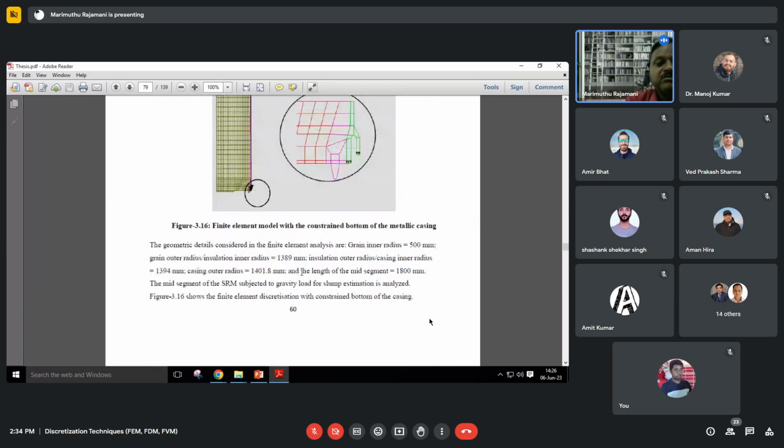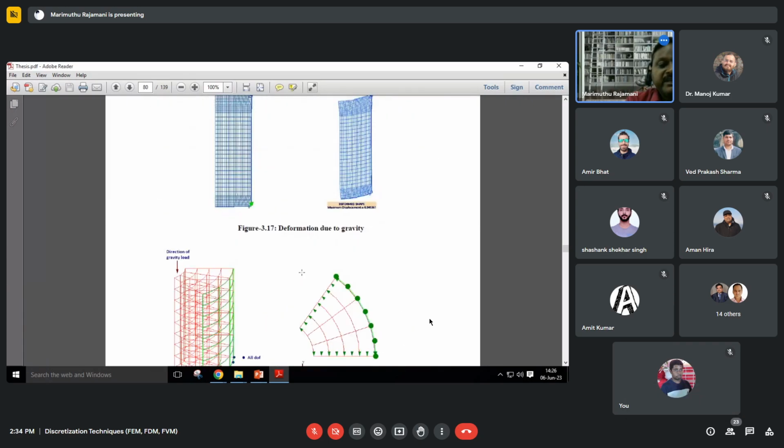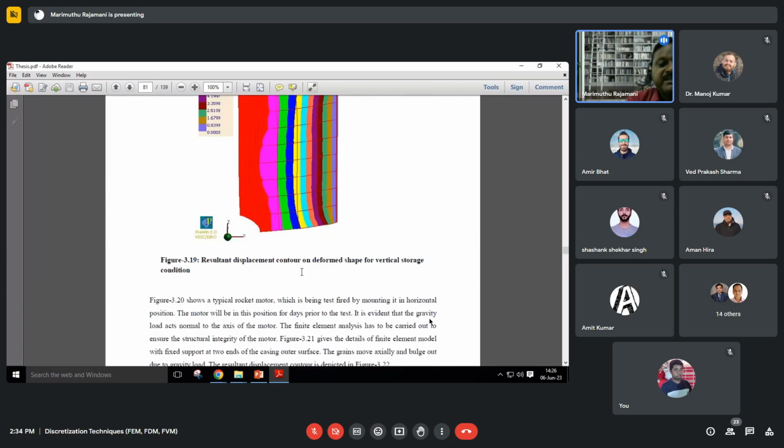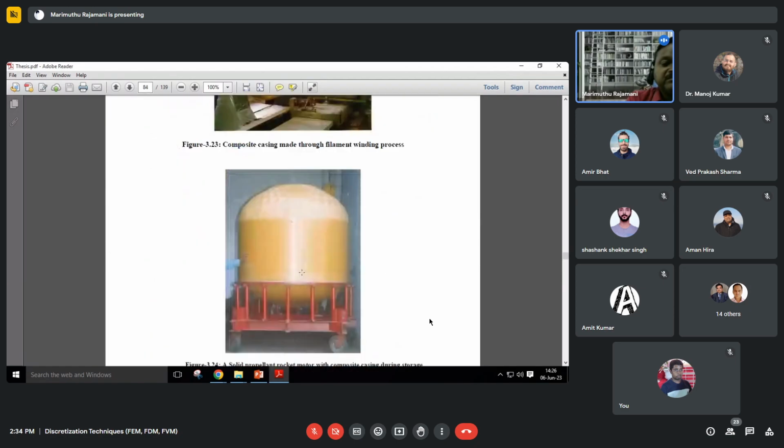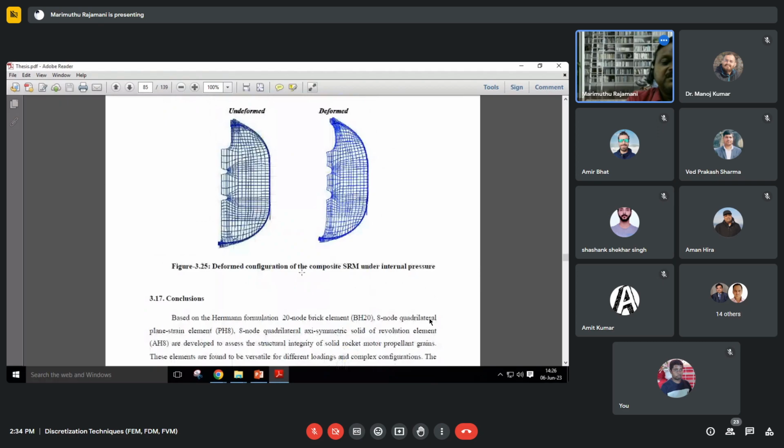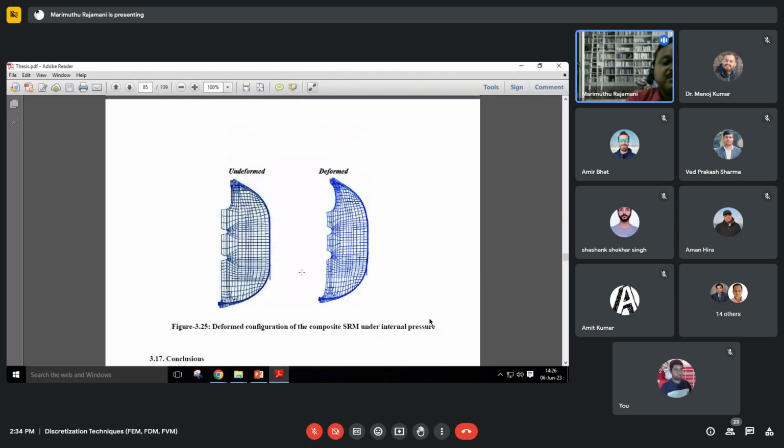I'll show you one case study, how the results match and are more precise. Actually, this is a high performance solid rocket motor casing where this is the casing. This is made of composite and this is the solid propellant.